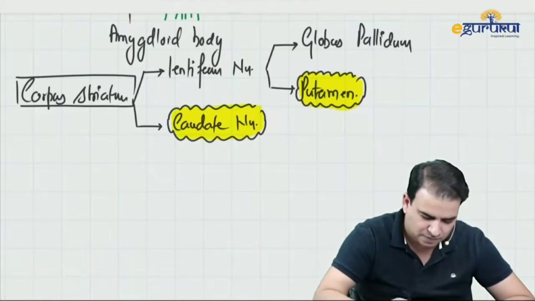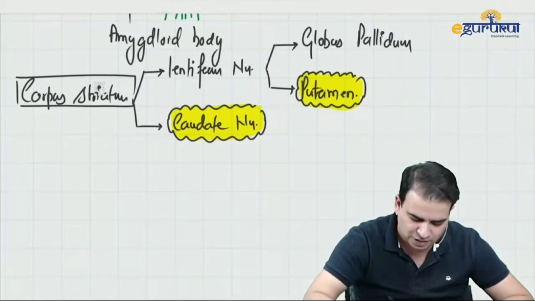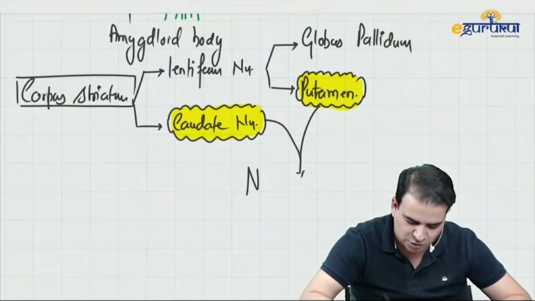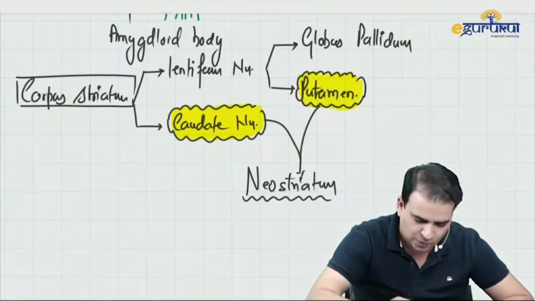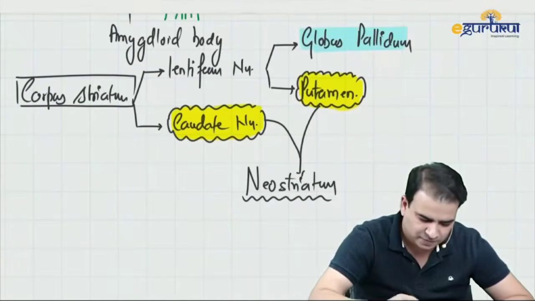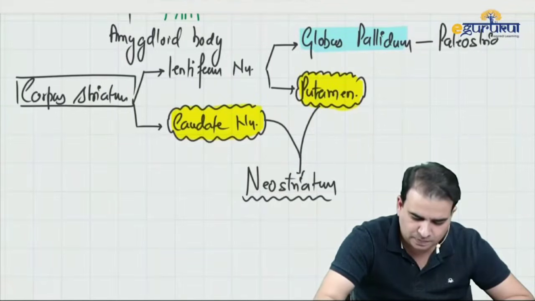Developmentally they are more developed and came late in the picture, so we call them neostriatum. The caudate nucleus and putamen together are called the neostriatum, whereas only the globus pallidus part, which is the medial part here, is called the paleostriatum.